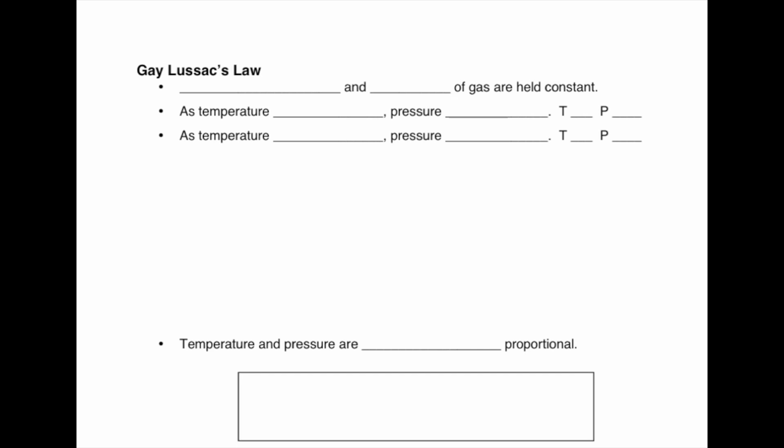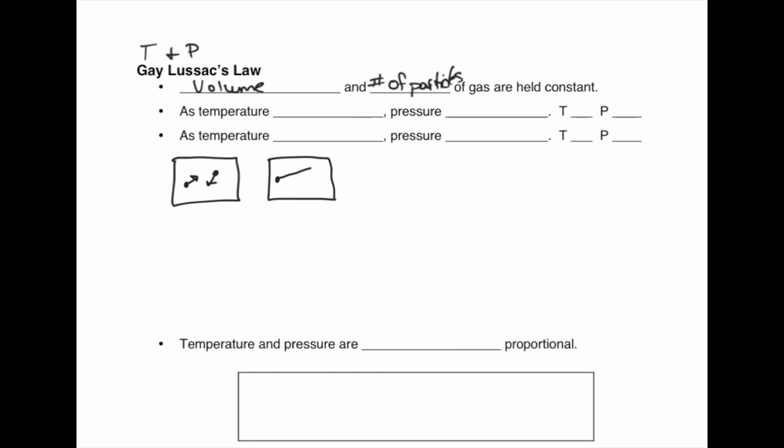All right, so let's go ahead and look at the next relationship. And in this relationship, we're now looking at temperature and pressure. So therefore, we're going to keep volume and again, number of particles constant. Okay, so let's start with a particle diagram with slow-moving cold particles.